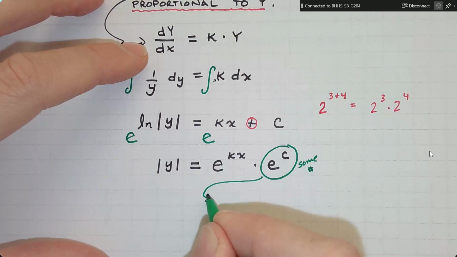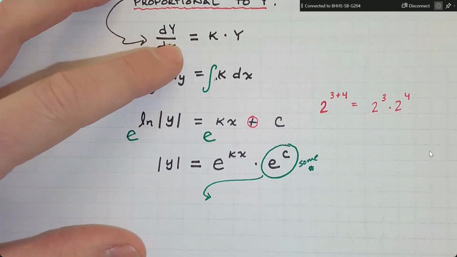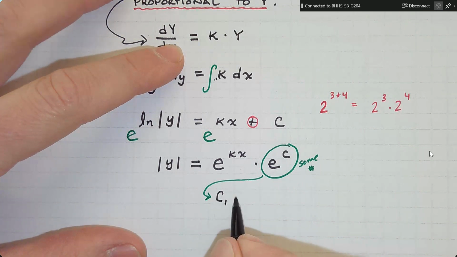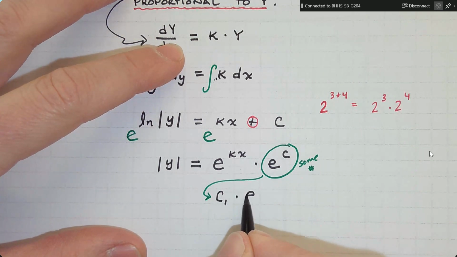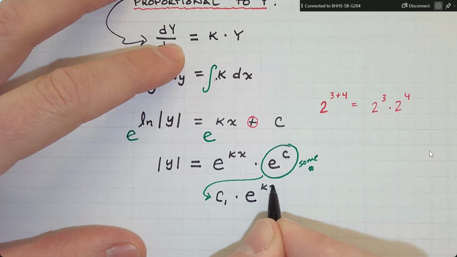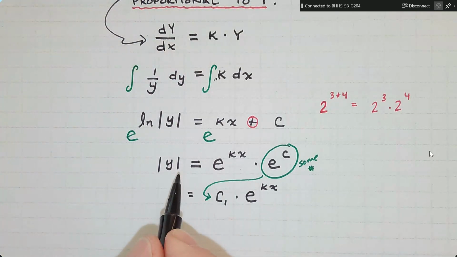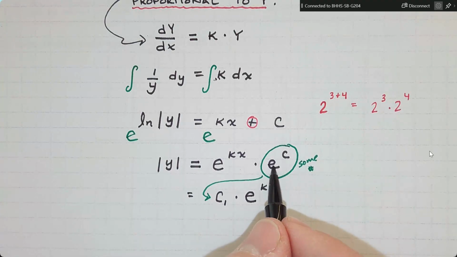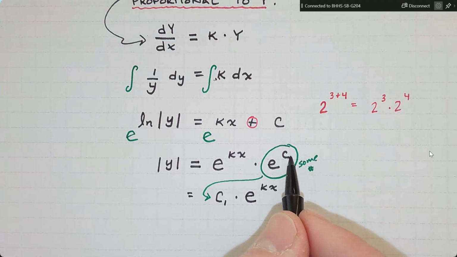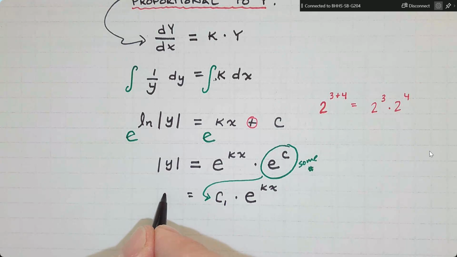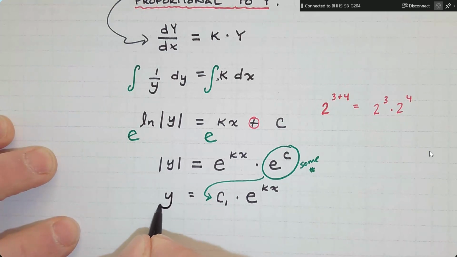So I'm going to call that c1. This becomes c1 times e to the kx. On the other side, at the moment when you change this from e to the c to c1, that's when you can drop the absolute value.